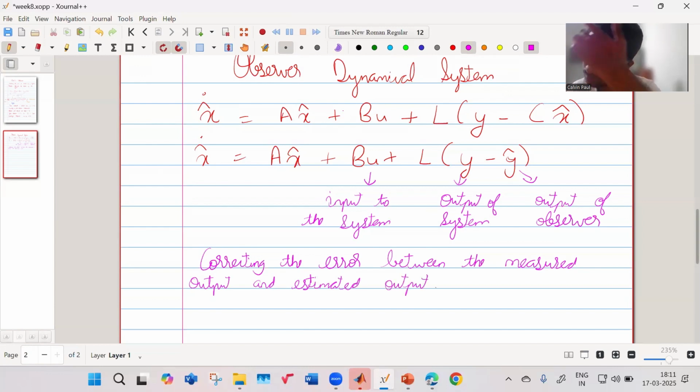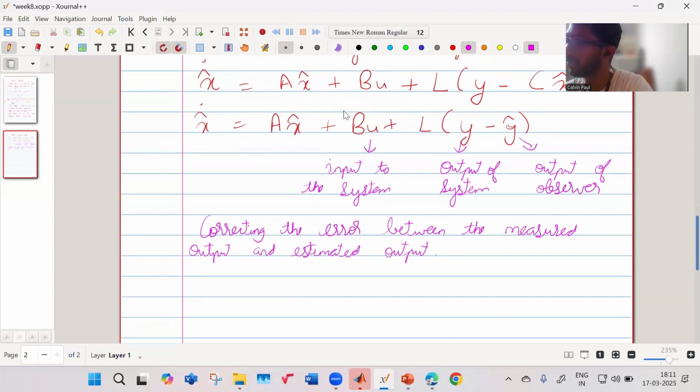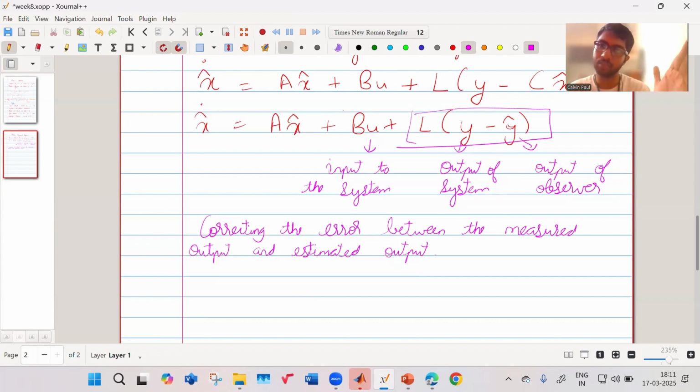And by doing so, you will be minimizing the error, the deviation between the states. This is an extra term present in your observer dynamics. The observer has the input and the output of your actual system.